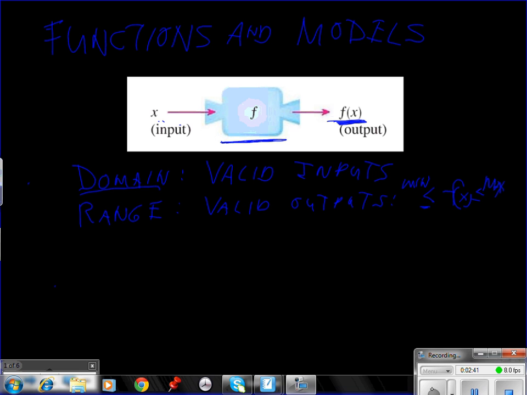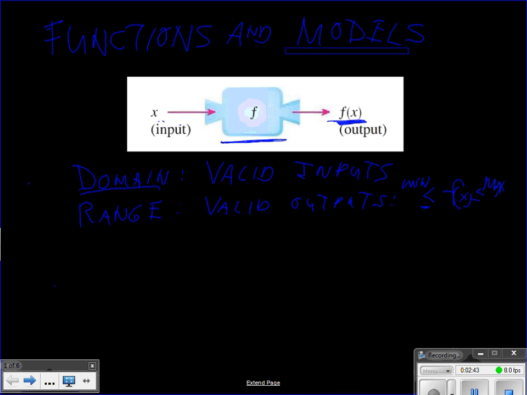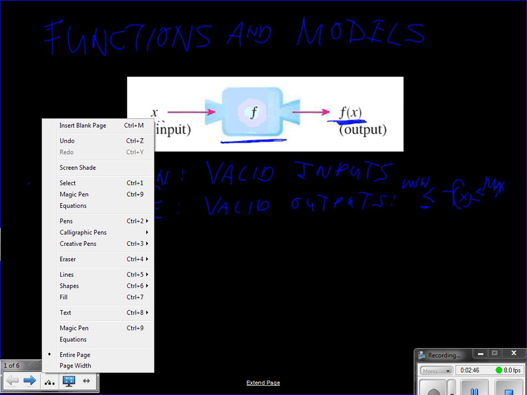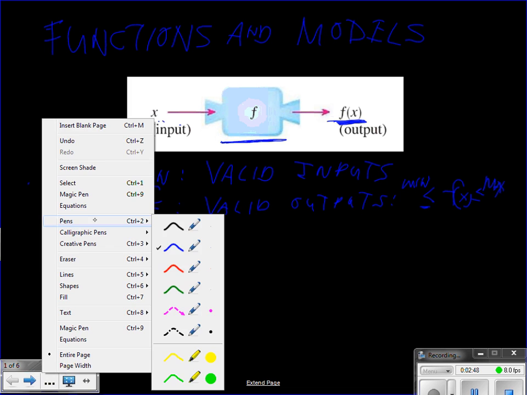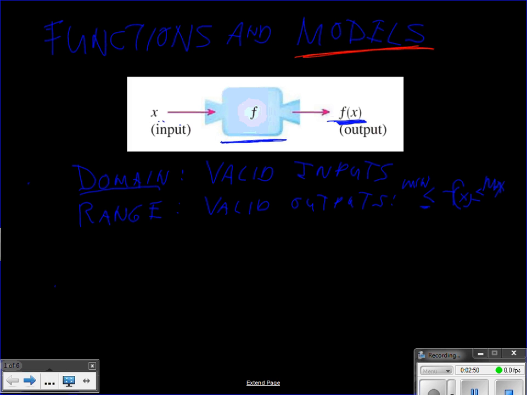Notice also up here at the title I have functions and models. You remember we'll change pen color here just for green. We got models too. So what are functions? Again, we're going to try to put a mathematical representation on real life, and we might call that a model of real life.